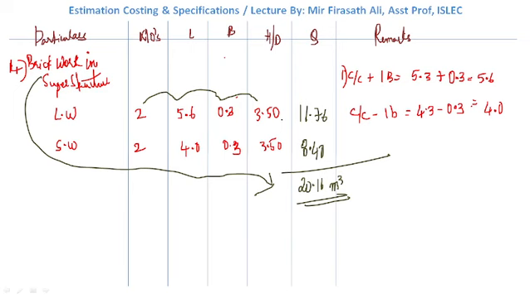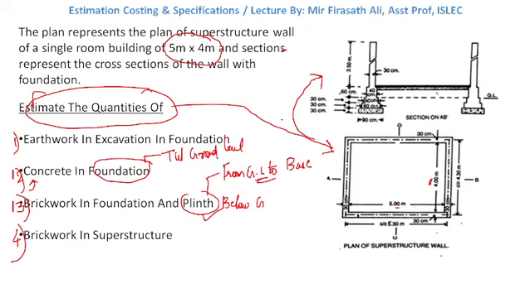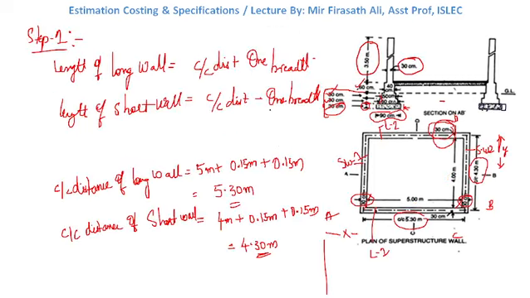I hope you have understood how to calculate the quantities using the long wall and short wall method. Once again, the question is given to us with a plan and section diagram. We need to find the earthwork in excavation, concrete in foundation, brickwork in foundation and plinth, and brickwork in superstructure. In the first slide, we found the center to center length and the lengths of the long wall and short wall.